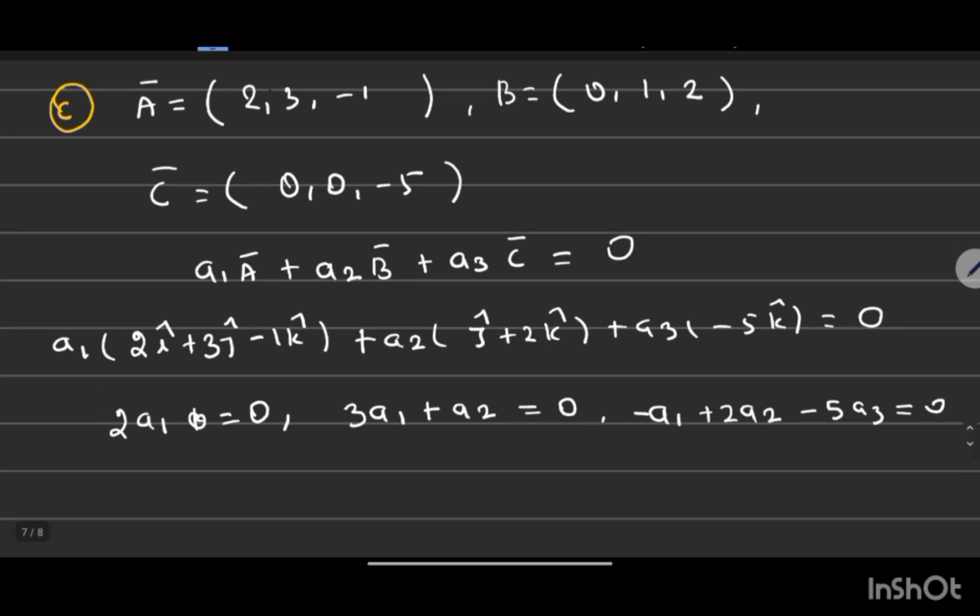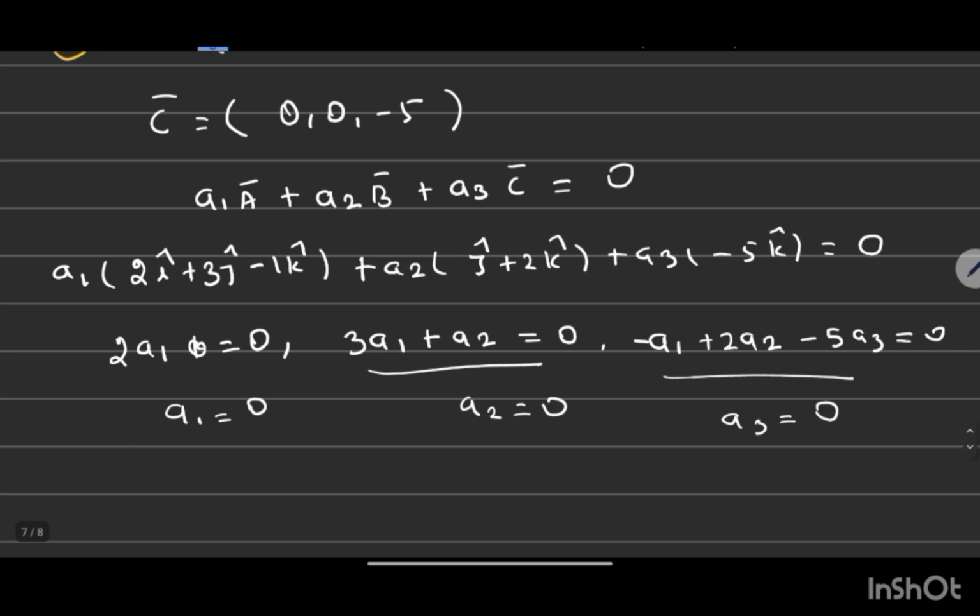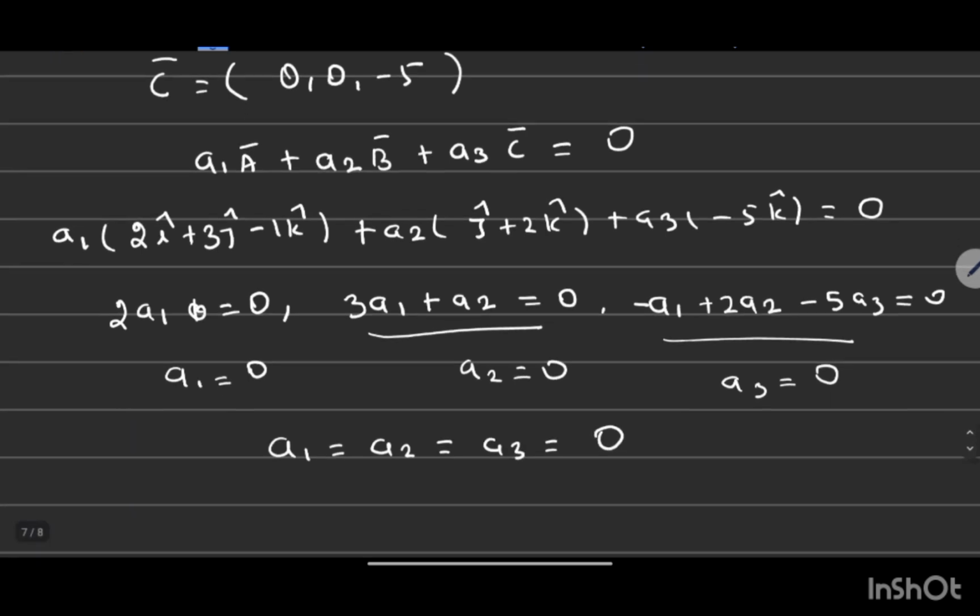Here you can see a1 is equal to 0. Since a1 is 0, a2 from this equation is also 0. From this equation one can say a3 also is equal to 0. Since all the coefficients are equal to 0, they are a linearly independent set of vectors. That's all. Thank you.